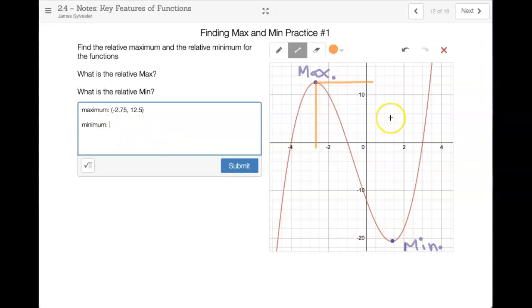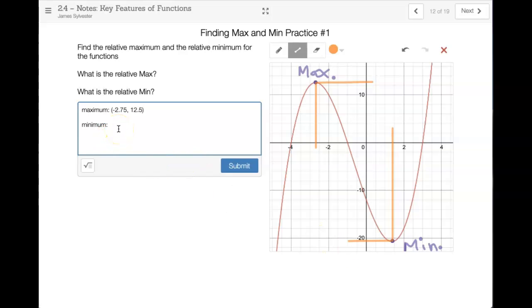The minimum, let's see. Let's draw some lines here to kind of check on that a little bit. That minimum actually looks really close to 1.5 on the x. And it does look below 20, so maybe negative 20, negative 21, or negative 20.5, something like that.